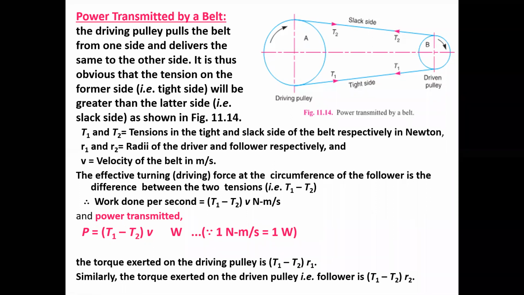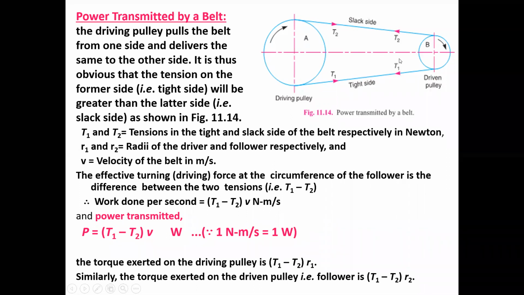For belt drives, generally we have tensions in the belt. Those tensions are T1 and T2, the tight side and slack side of the belt drive. T1 is the tension on the tight side and T2 on the slack side. In the open belt drive, the bottom portion is the tight side, and the upper portion is the slack side.